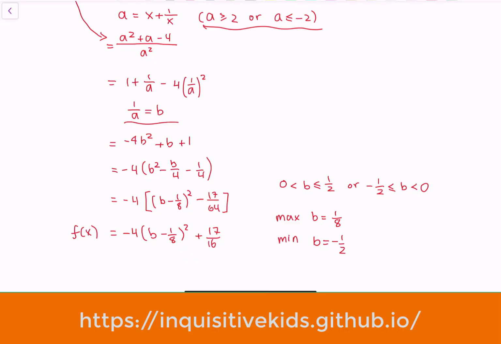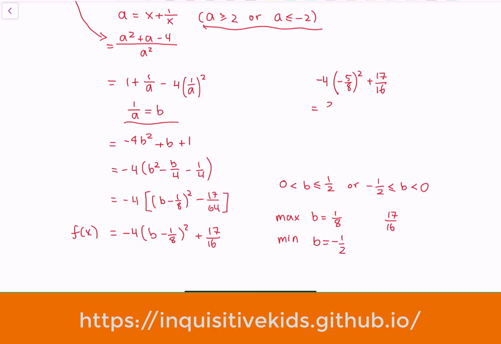So let's substitute these values of b into f of x and see what we get. Our maximum value would just be equal to 17 over 16. And our minimum value would be negative 4 times negative 5/8 squared plus 17 over 16.